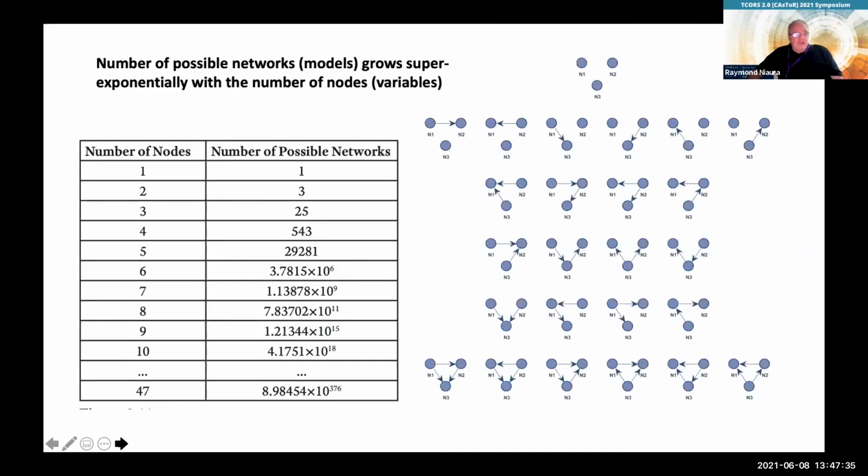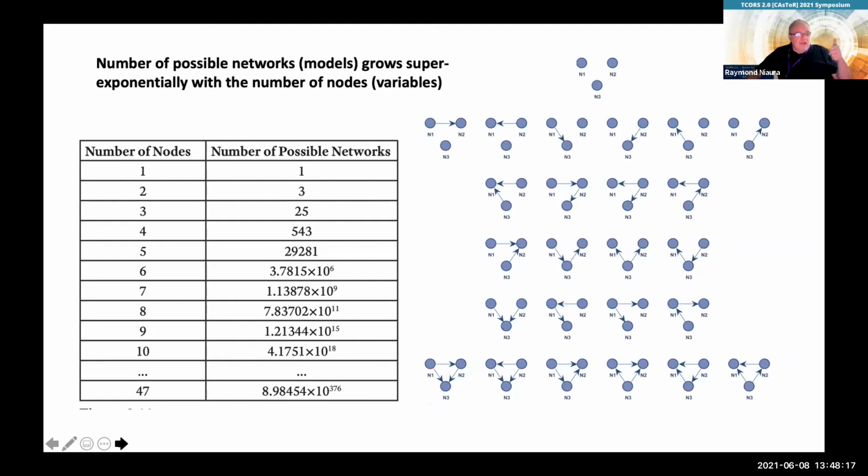All right, a huge challenge with Bayesian networks, well, with any modeling really, is that the number of potential networks is super exponential. So here with even 3 nodes, there are 25 possible networks. If we're going to use tools like Bayesian network modeling to tell us a story, we need to make sure that it's possible to do so in the space of algorithmic complexity.